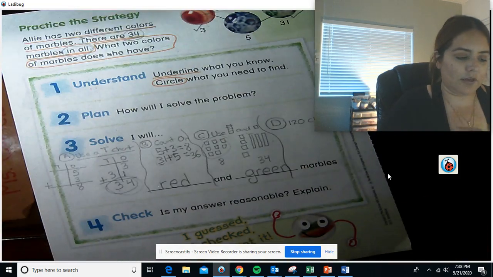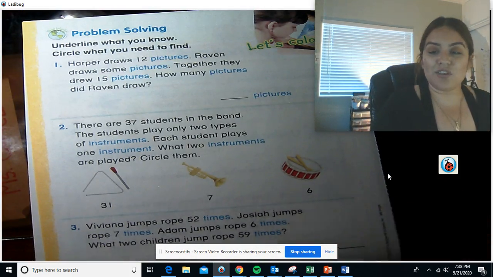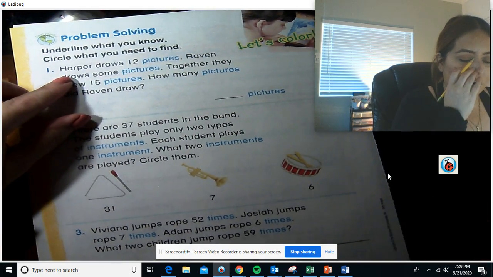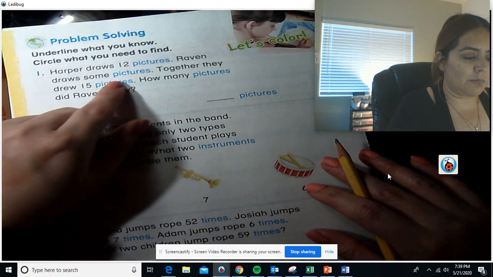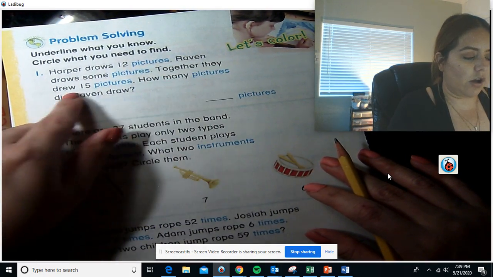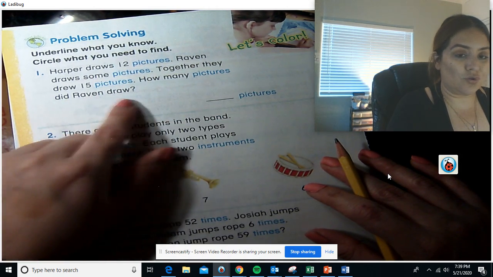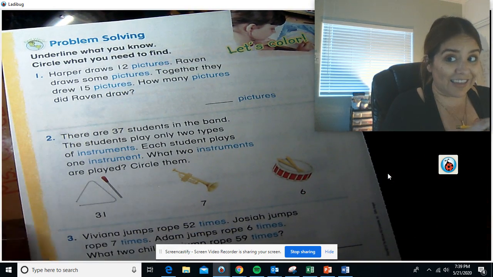Okay, let's look at our next page. So these are word problems too, but these are a little bit more like yesterday's. Number 1 says, Harper draws 12 pictures. Raven draws some pictures. Together, they draw 15 pictures. How many pictures did Raven draw? They're not asking us how many they drew all together.